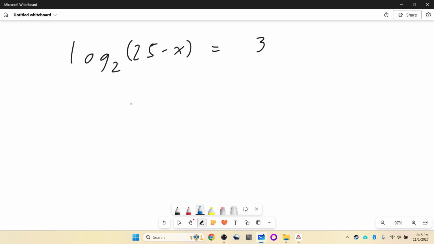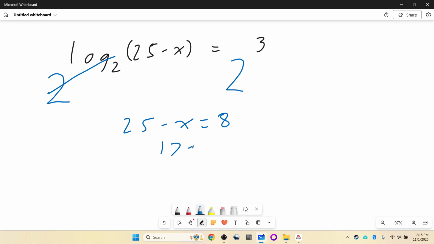Let's put a big 2 underneath both. That 2 and that log 2 undo each other, and we're left with 25 minus x equals 2 to the third, which is 8. So 17 equals x. That's my answer.